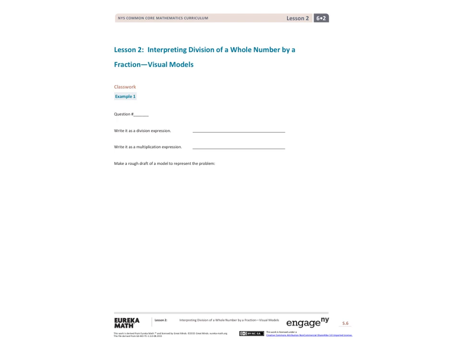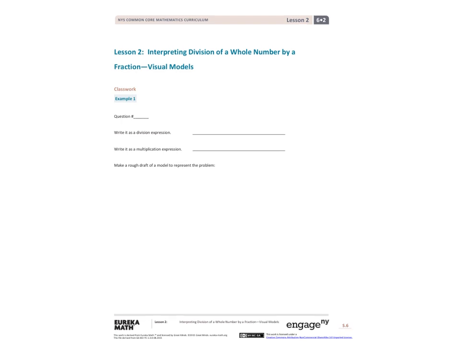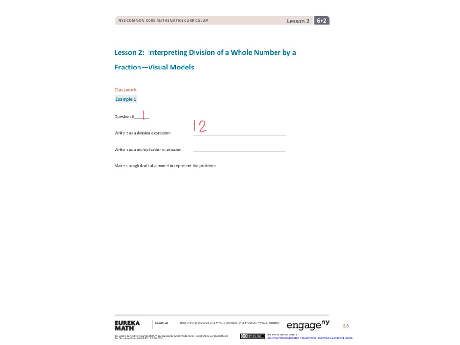For example, in the first question, we're looking at how many half miles are in 12 miles. So if we had 12 miles and we're dividing it into half miles, that's the division expression. Now I'm going to write it as a multiplication expression.